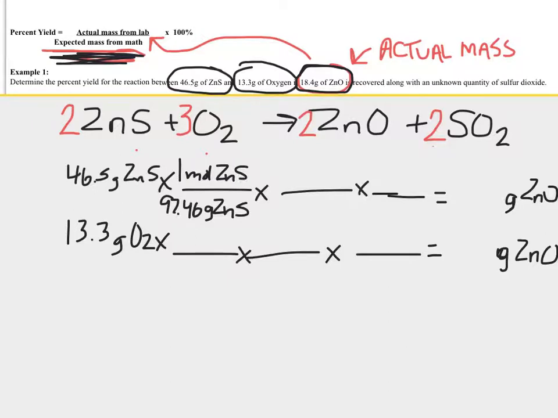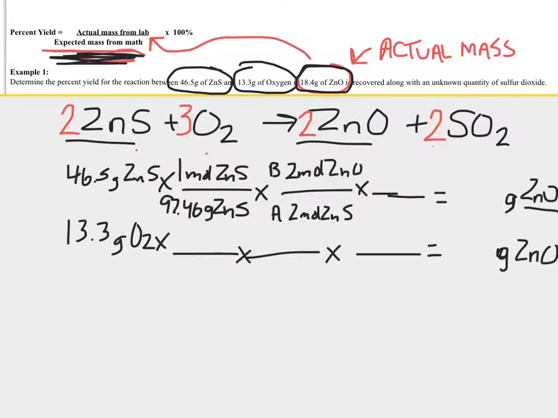Next, I'm going to get rid of moles of A and go to moles of B. A moles is what we started with. In that case, it's zinc sulfide, so there's 2 moles of zinc sulfide. And B is what we're looking for, which is over here, zinc oxide. So that's 2 moles of zinc oxide according to the balanced equation. Let's write zinc oxide in there.